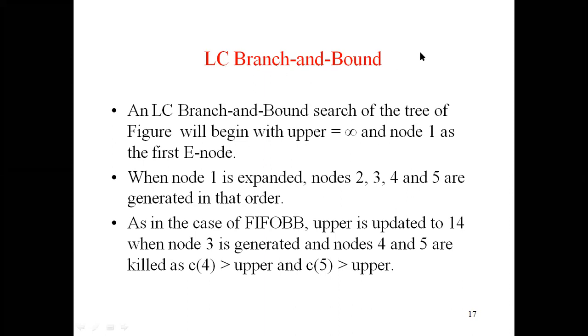Already explained: what is a control abstraction for LC search and what is least cost search. So the branch and bound search of the tree of the figure will begin with upper equal to infinity and node 1 as the first E node.